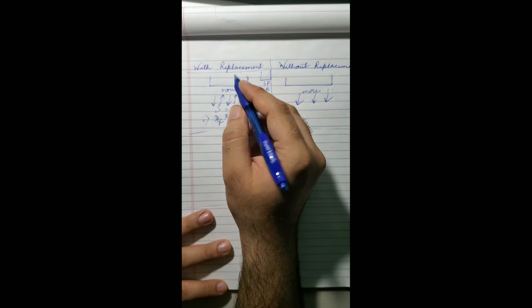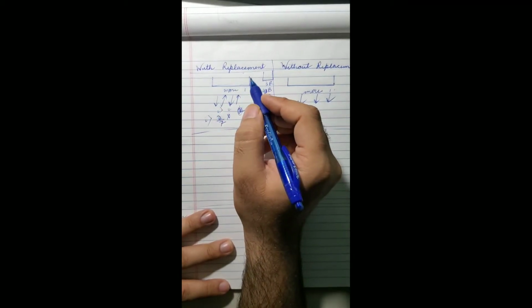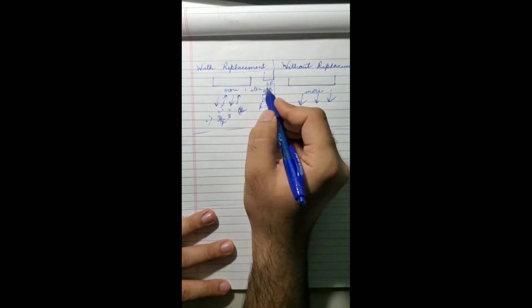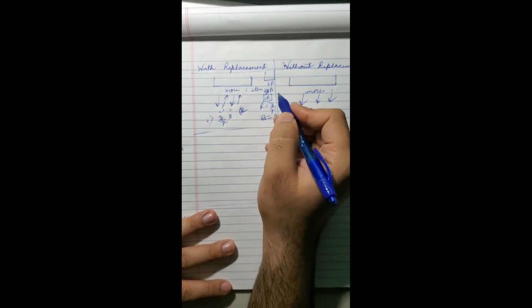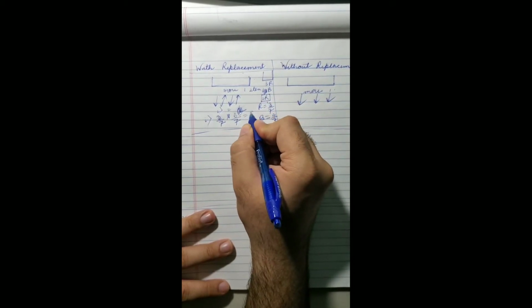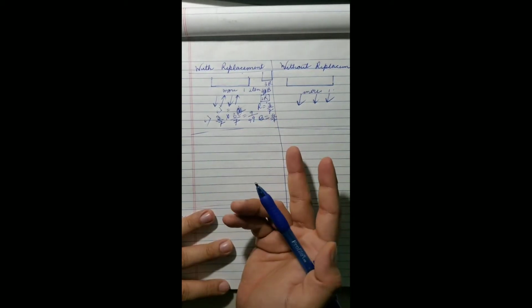With replacement means the ball you drew is back in the bag, so the bag has the same quantity. The probability of drawing the red ball doesn't change. It is still 3/7, which makes it 9/49. So that's the probability of drawing 2 red balls.